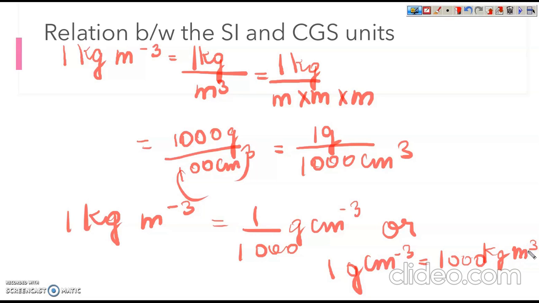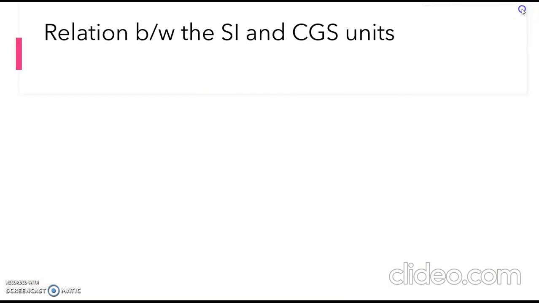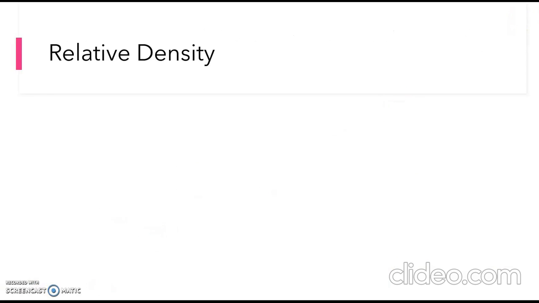Remember one thing: the density of a substance in SI system is 1000 times the density of the substance in CGS system. Okay. Now, let's look at the relative density.